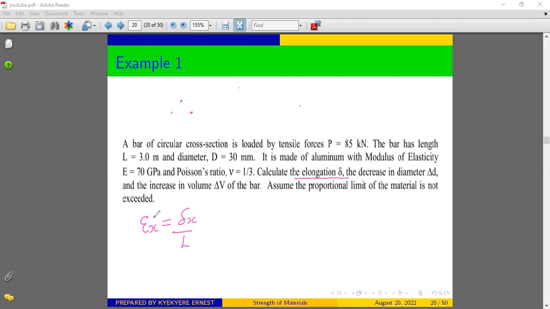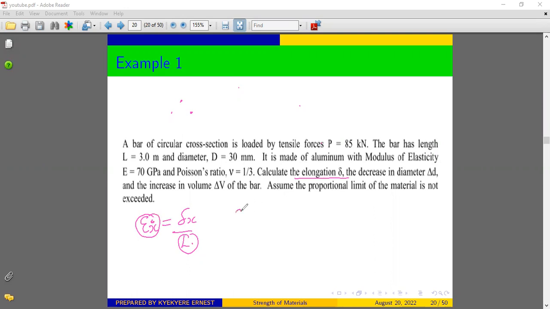But in this question, we don't know the strain, but we know the original length. We are asked to calculate the deformation, so we need to find a way to determine the strain.